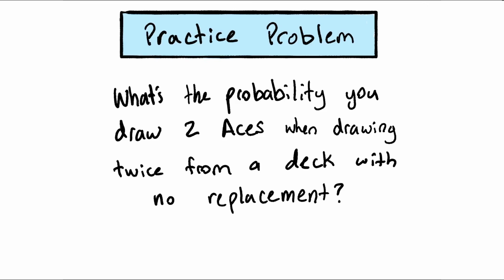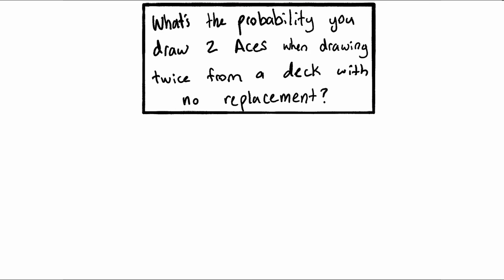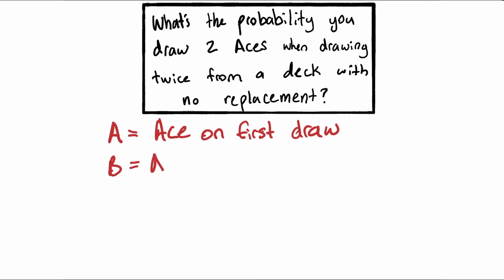So let's try a few quick practice problems. What's the probability you draw 2 aces when drawing twice from a deck with no replacement? So let's define our 2 events. Let's say A is you draw an ace on first draw. And let's say B is an ace on second draw.